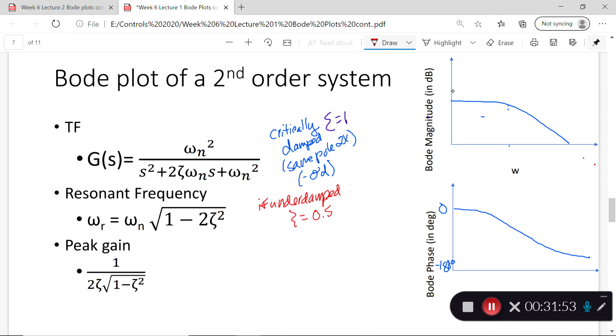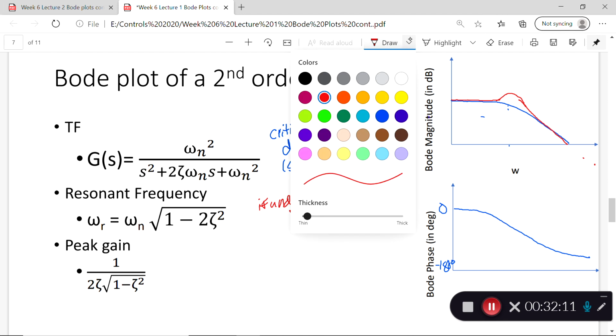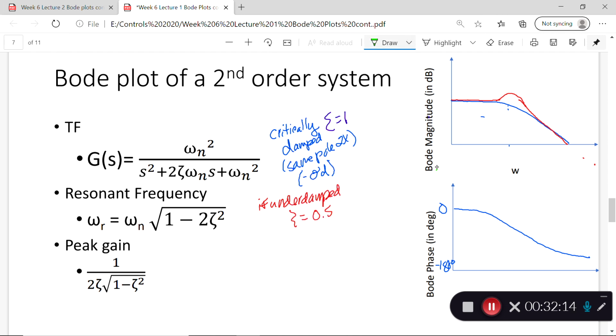My Bode magnitude plot will follow the same shape in general, except where I was normally used to my break frequency or that pole value, I will get a little hump here, and then it will go down. If I change zeta to be even more underdamped, a lower value like 0.1, then I get an even more pronounced hump.